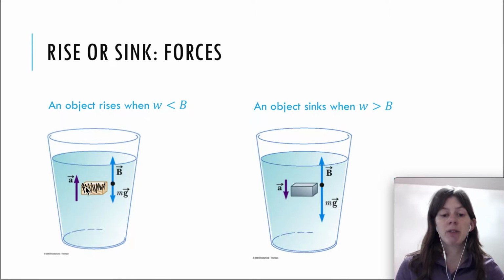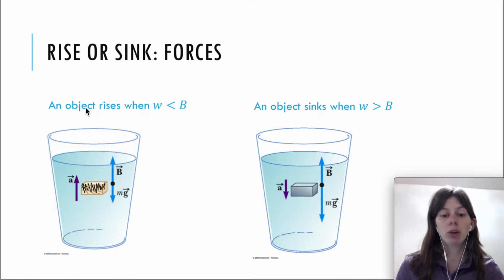If the object weighs more than the weight of that liquid that it pushes out of the way, that means the object is going to sink, as in this piece of iron or lead here. If the object weighs less than the amount of fluid that is displaced, then the object will rise. So you can see that this has to do with the density of the object.